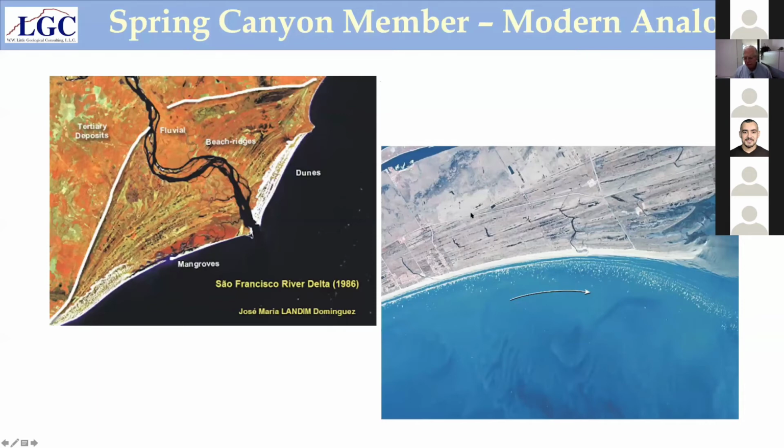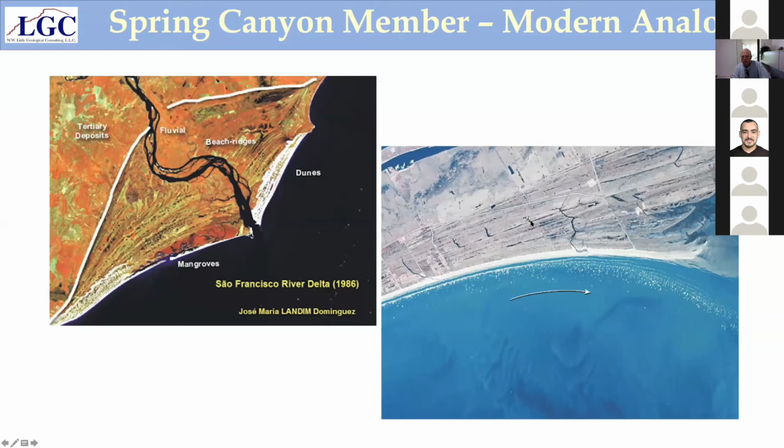This one on the lower right, I don't know where this picture was taken. I think it was the U.S. Atlantic coast. But again, you can see that the sand can only build up to sea level. And once it builds to sea level, then the only place for the sand to go is to accumulate in a basinward direction.